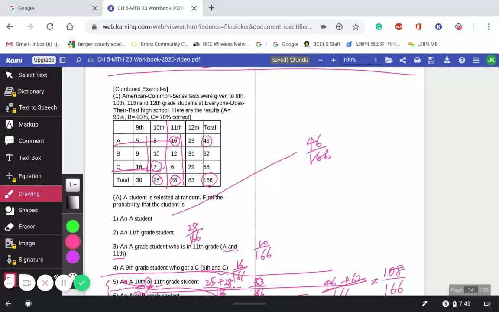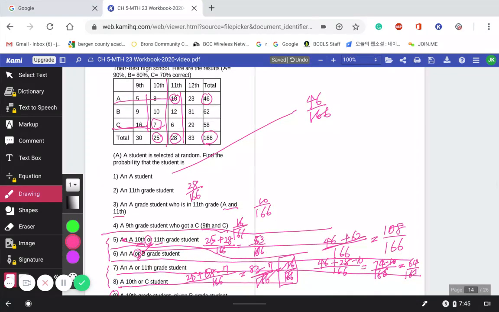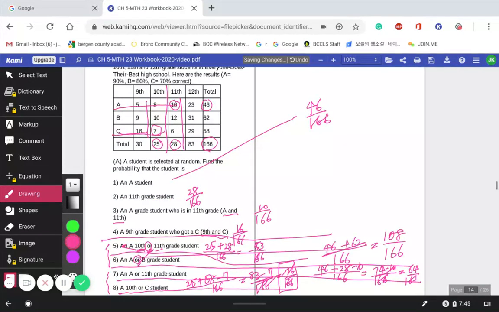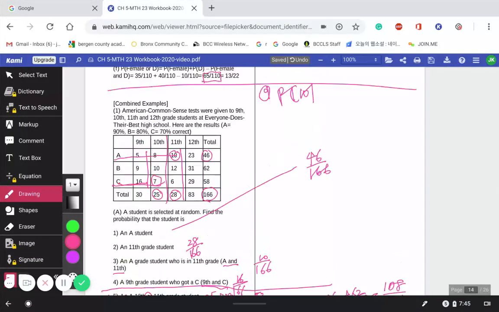So number 9, the probability of 10th given B. My pen is acting weird, but let's make the best out of it.